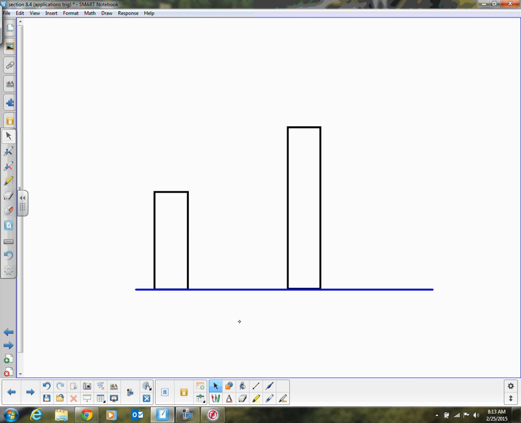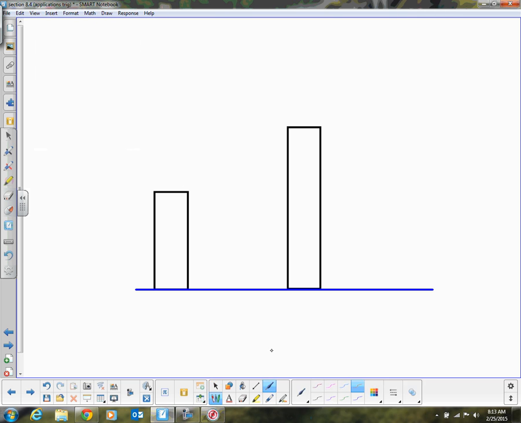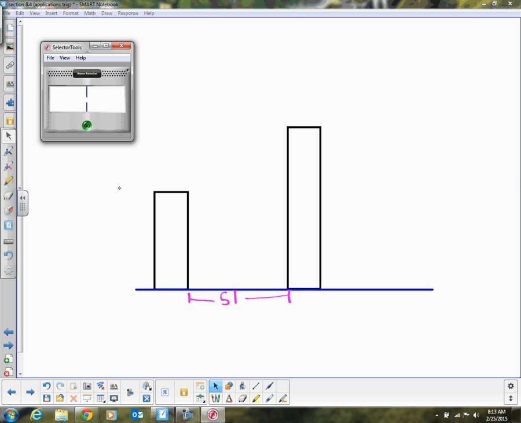Right, what does 51 meters apart mean? Lizzie? That from here is 51, all right. The height of the taller building is 207 feet tall.